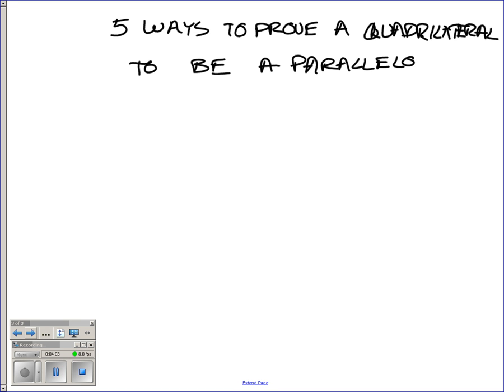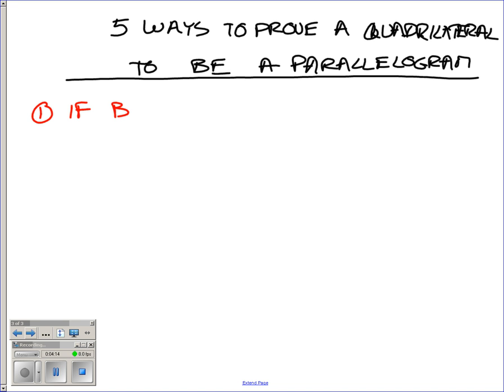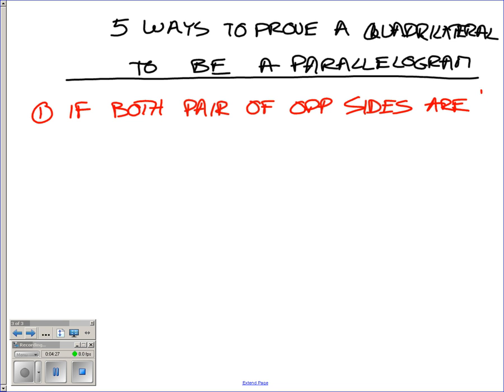Well, the first way is just looking at both pair of opposite sides. We said number 1, if both pair of opposite sides are parallel. Well, that's from the definition. All right. A quadrilateral with both pair of opposite sides being parallel, that is a parallelogram.